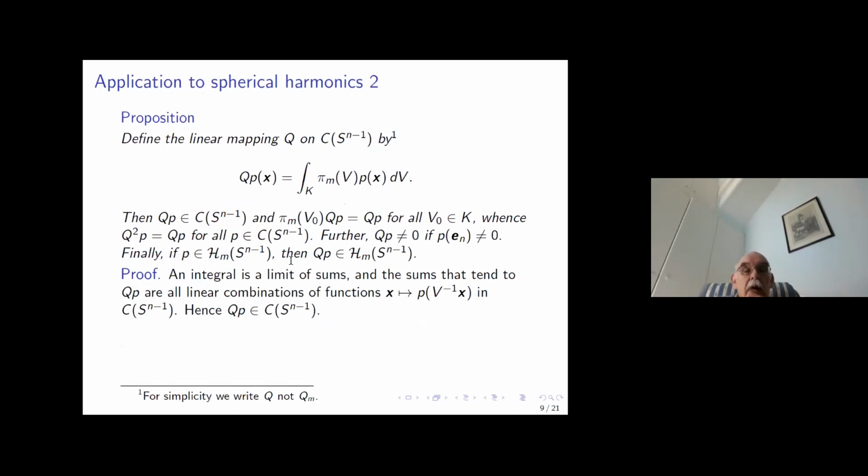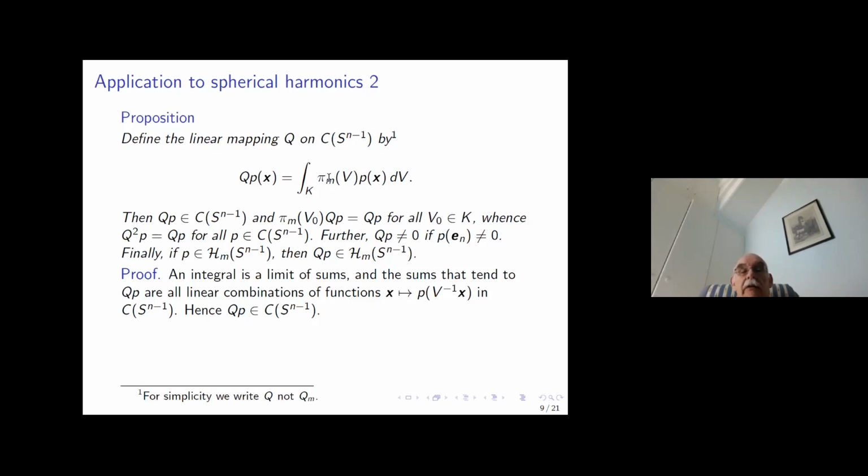Okay, now I'm going to use this. I'm going to define a linear mapping on the space of continuous functions by saying that Q of P of X is the integral over K. K is this subgroup of the orthogonal group, the subgroup of matrices that don't do anything to the basis vector En.